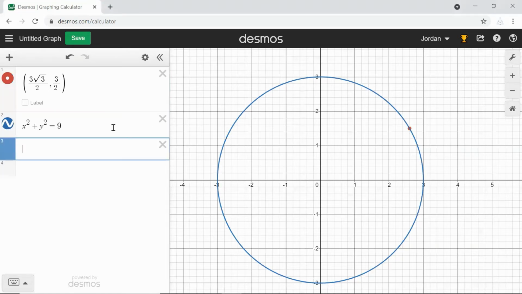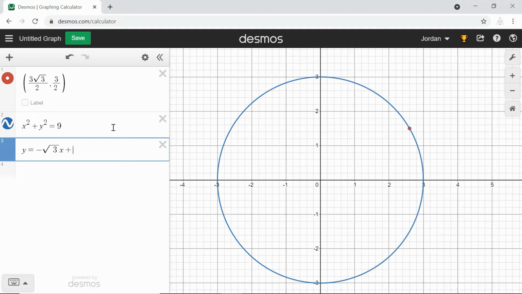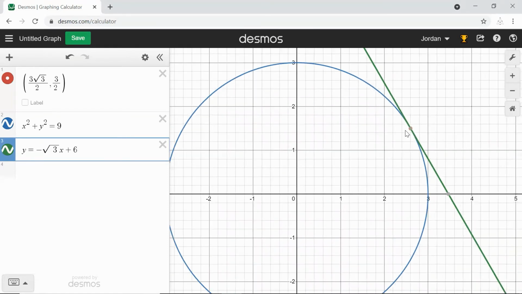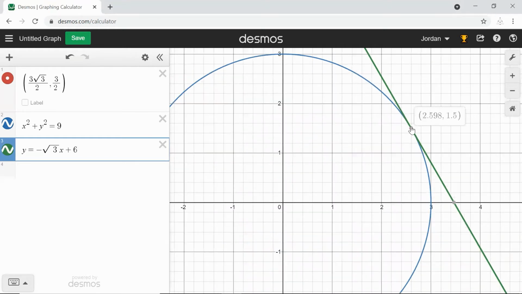And we are saying that the tangent line should be y equals negative square root of 3 times x plus 6. Notice that that line does exactly what we want. It goes and touches that circle at that point and then keeps going. So that is the tangent line at that particular point on the circle.